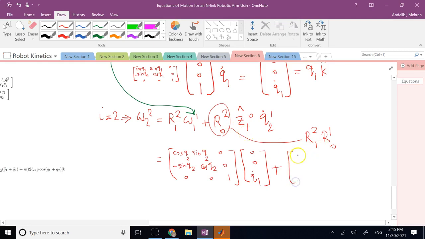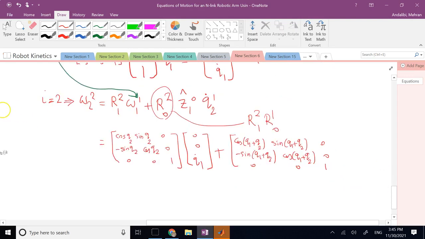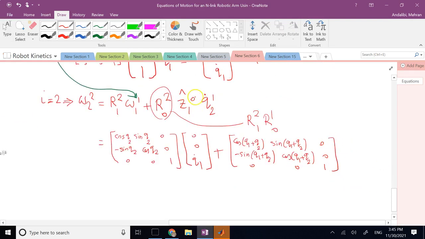So it is going to be cosine of q1 plus q2, sine of q1 plus q2, 0, negative sine of q1 plus q2, cosine of q1 plus q2, 0, 0, 0, 1, multiplied by z1 in 0. z1 in 0, in this case, is equal to 0, 0, 1.